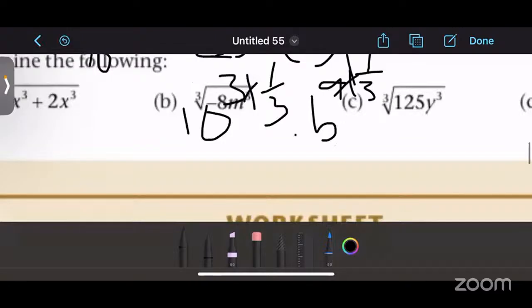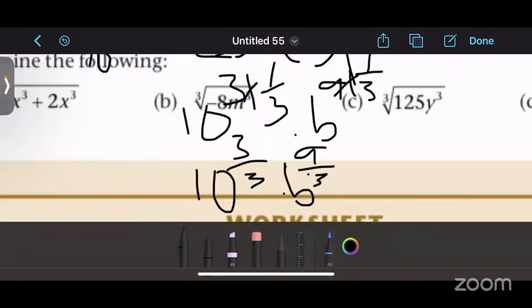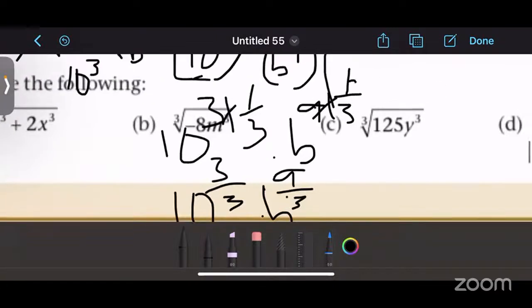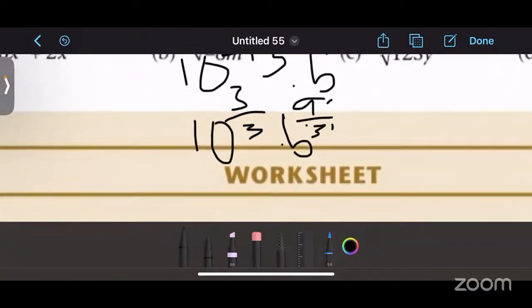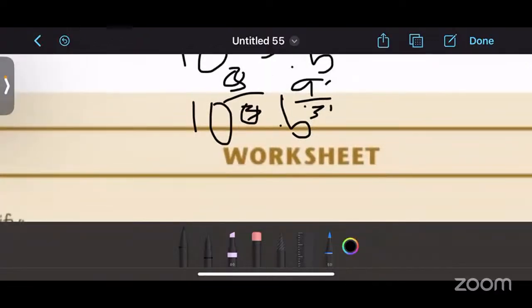So we're going to have 10 to the power of 3 divided by 3, multiplied by b to the power of 9 over 3, because 9 multiplied by 1 is 9, and 1 multiplied by 3 is this 3 over here. 3 goes into 3 one time, so we have 10 to the power of 1.